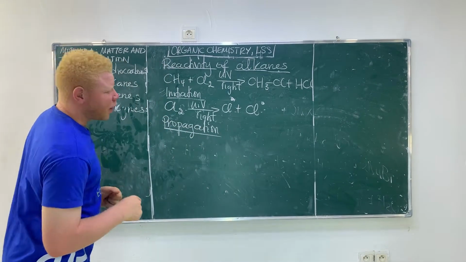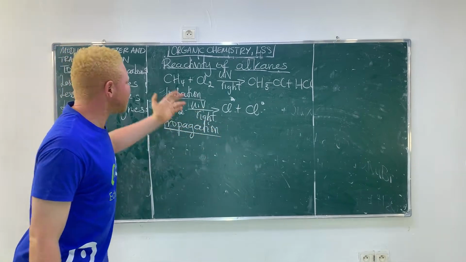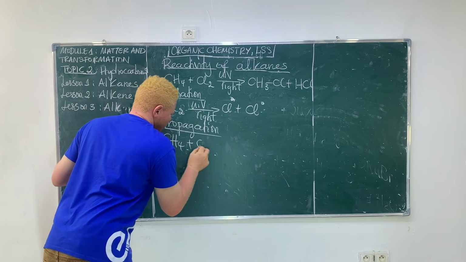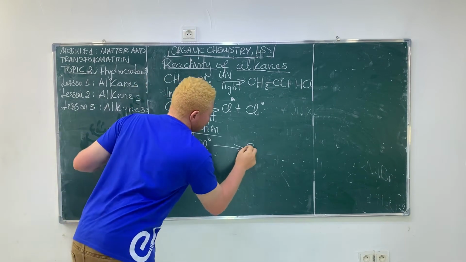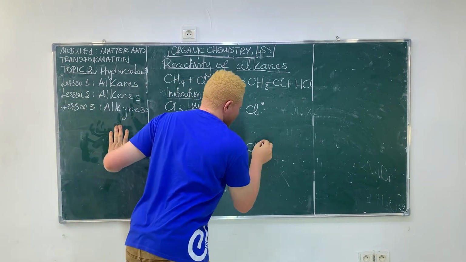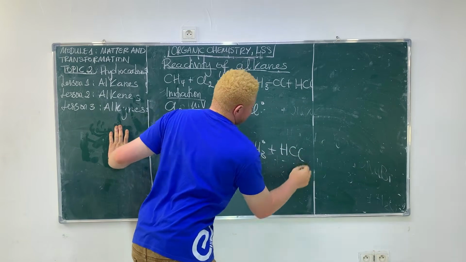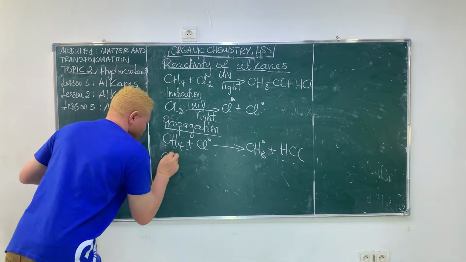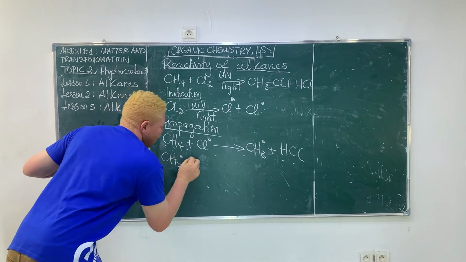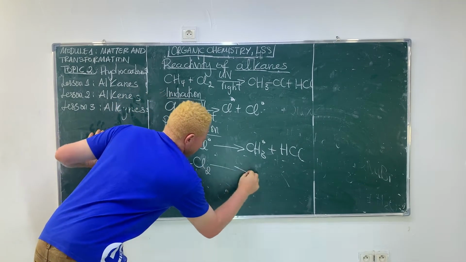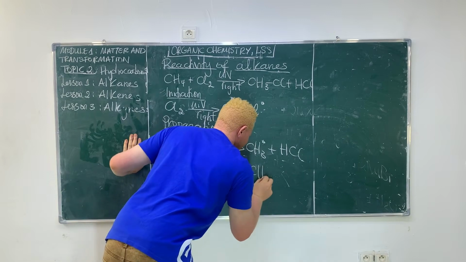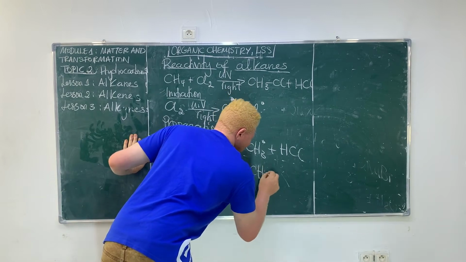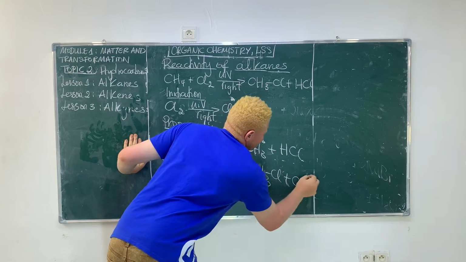In the propagation step, the free radicals react with methane. So we have CH4 plus Cl dot giving CH3 dot plus HCl. The CH3 dot reacts with Cl2 to give CH3Cl plus Cl dot.